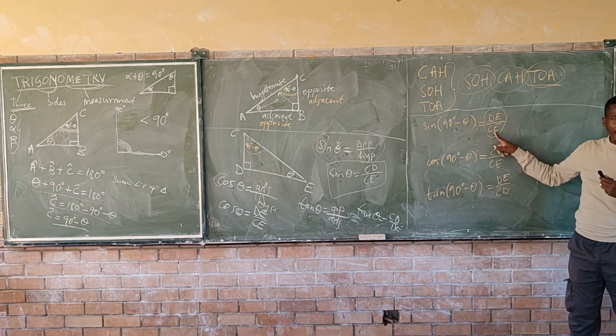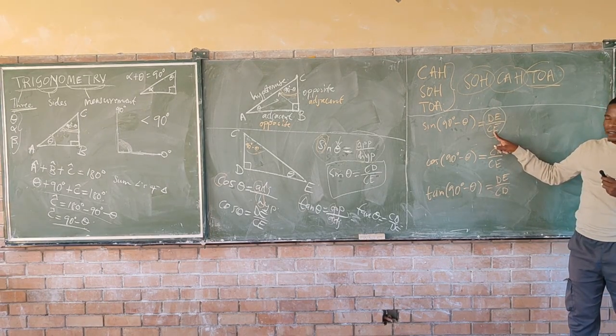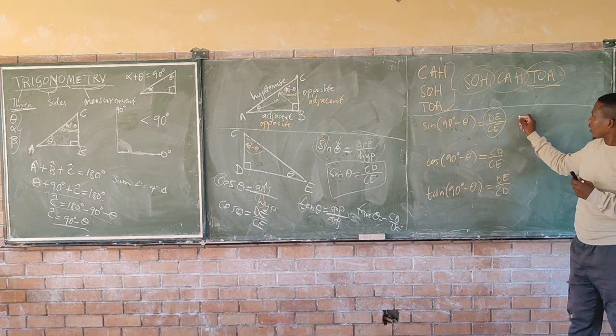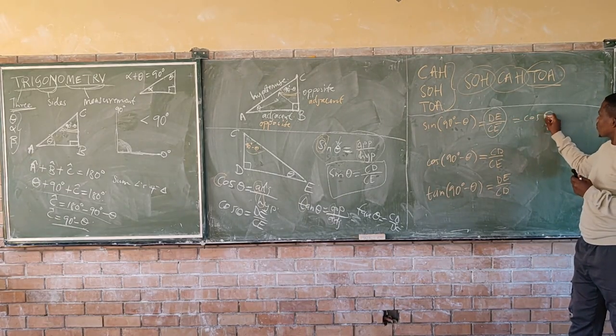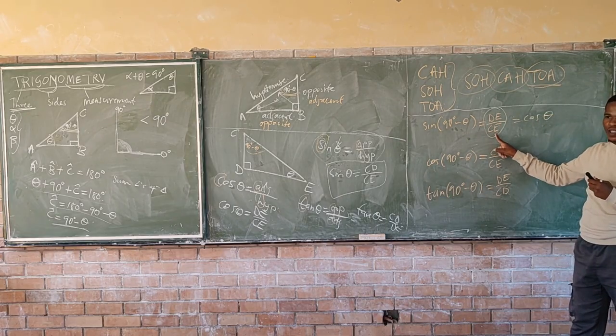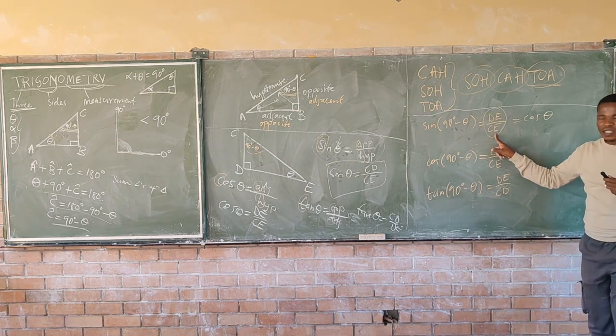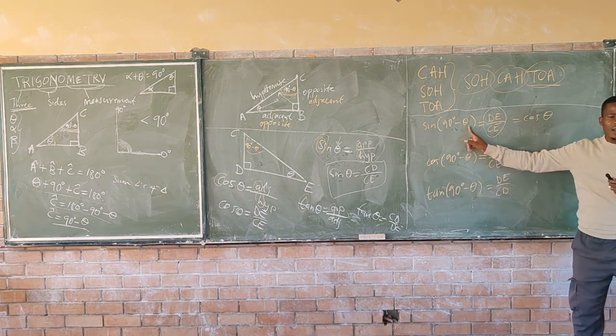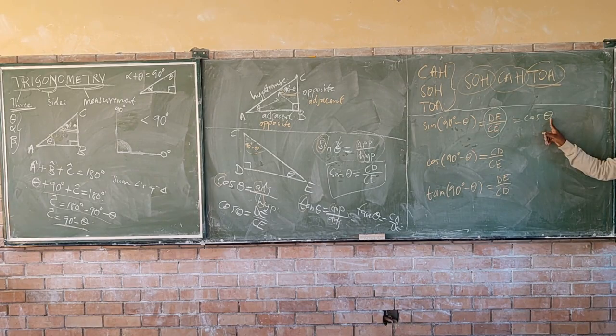This one. Cos of theta. We get d over c. Now, can you see that it means sine of 90 minus theta equals cos theta? Can you see that? Okay.